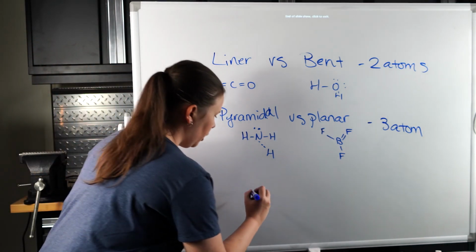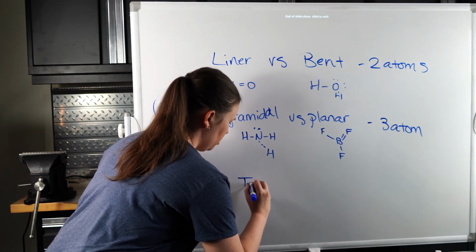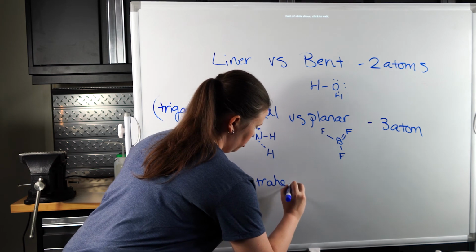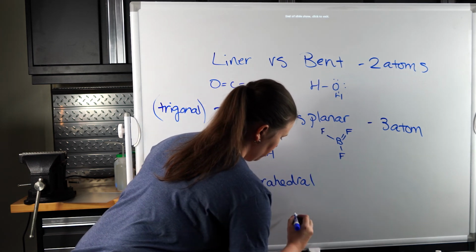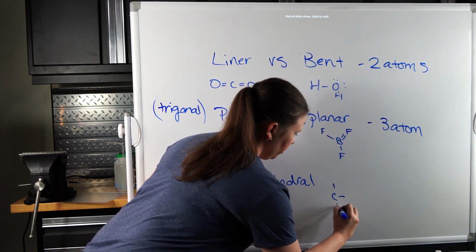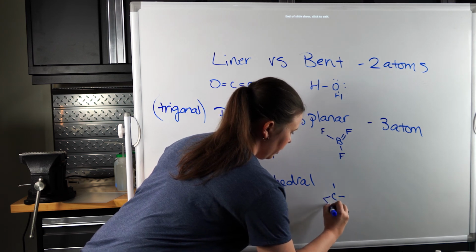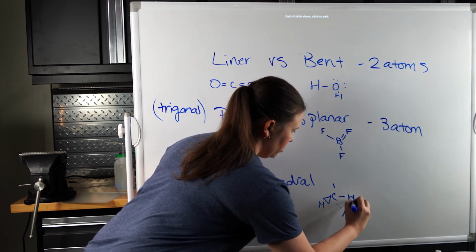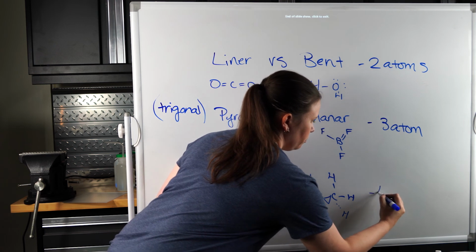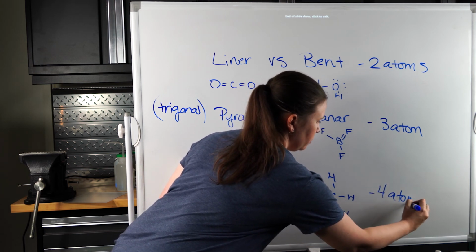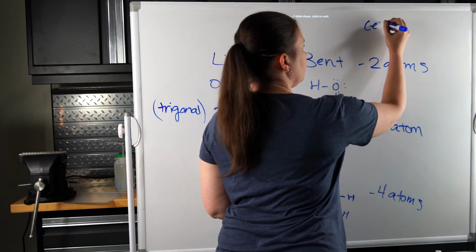And then there's only one option if you have 4 atoms attached. It is tetrahedral. So tetrahedral would be like the carbon with the 4 hydrogens, where you need both a wedge and a dash. And this is for 4 atoms attached to the central atom.